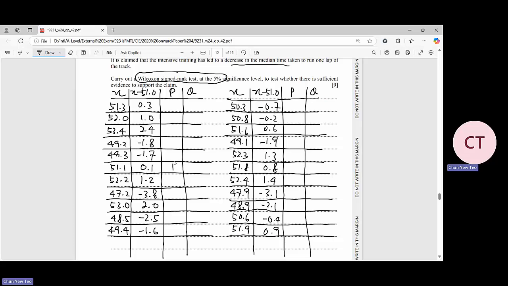This is the 1. Okay, and 2 will be here. And then 3 will be here.